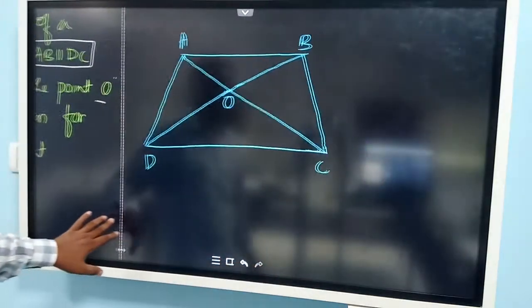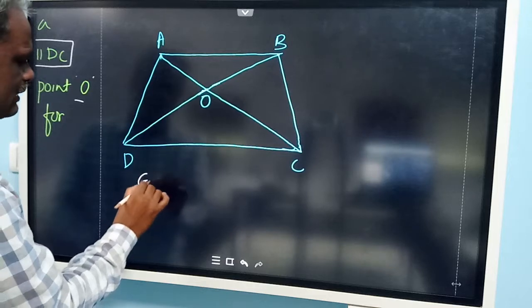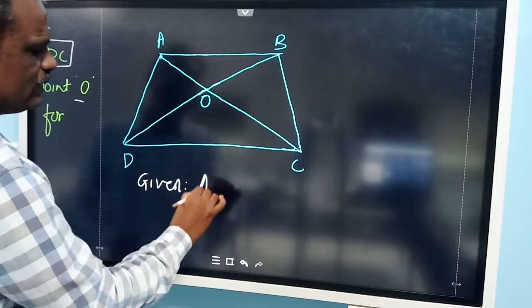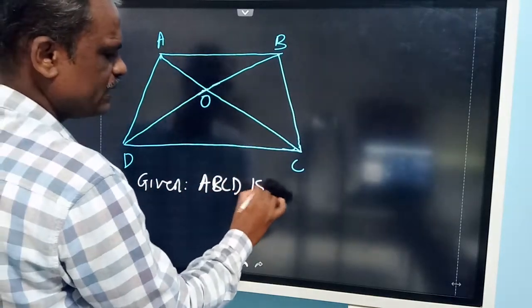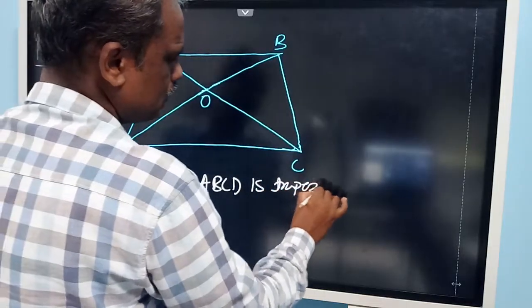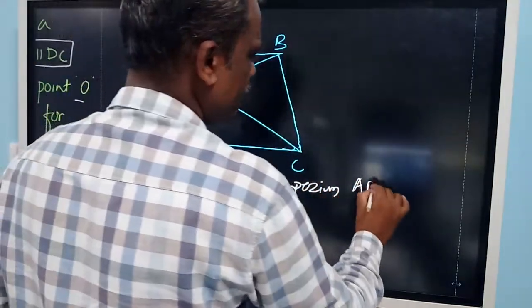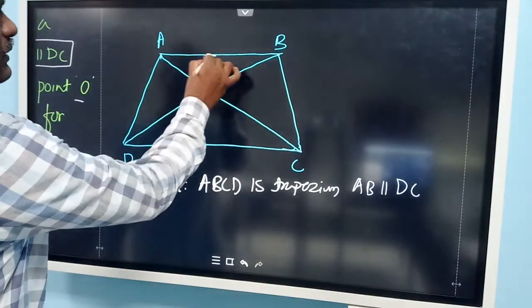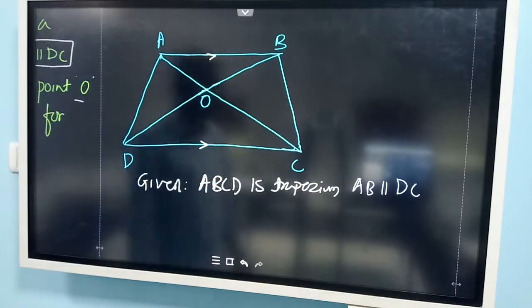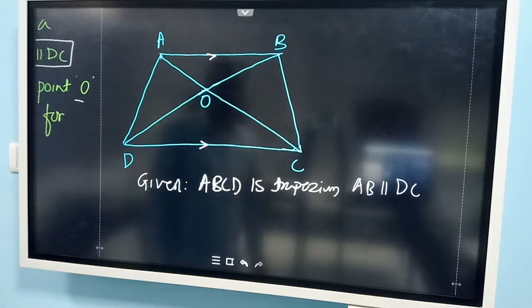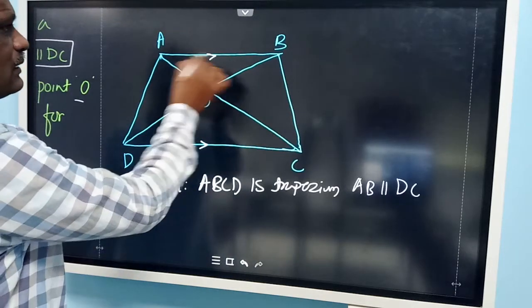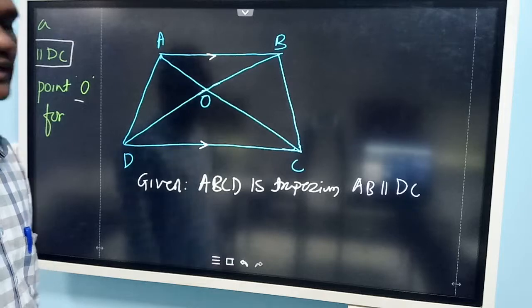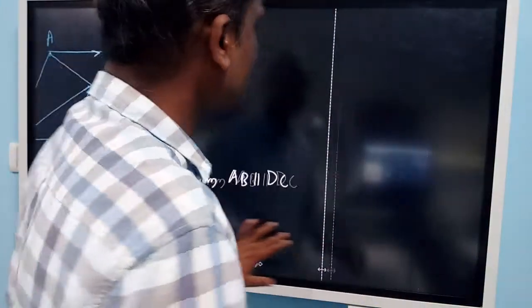So here in the data, what is given here? Given ABCD is a trapezium with AB parallel to DC. These two sides AB and DC are parallel to each other. Now, since these two lines are parallel, you can write alternate angles are equal.